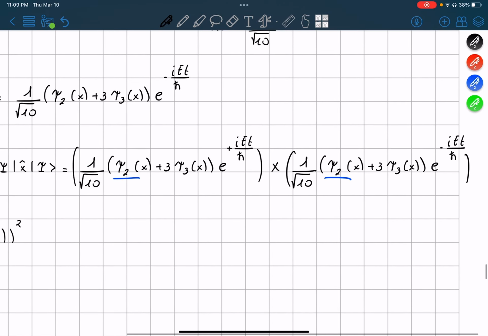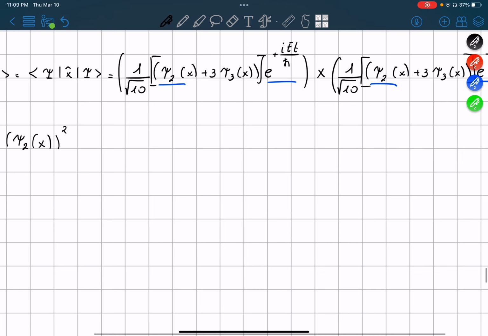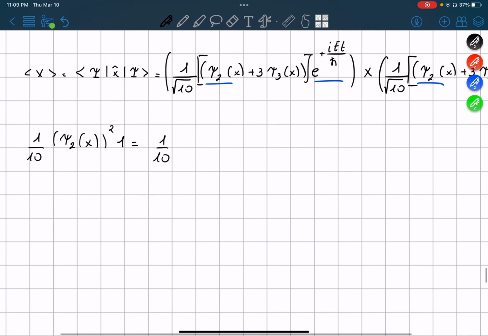I wrote it not very well, because this multiplies the whole part, so this part right here. Okay, and so we have the time part times the time part, which is going to be equal to 1. And so this is equal to 1 over 10, and this part over here is equal to 1 again. So that's an easy answer for the first part.